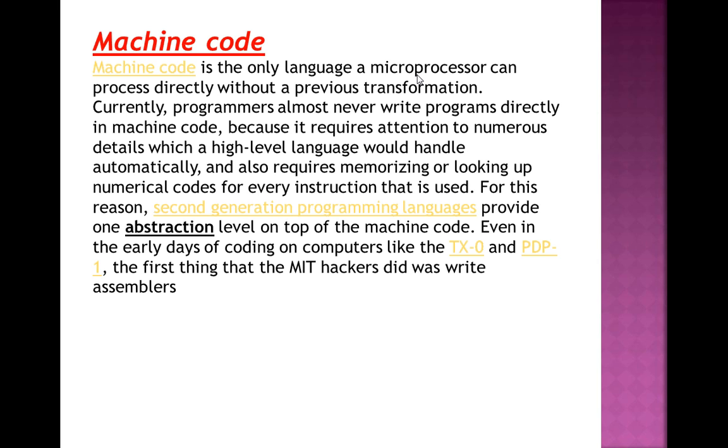So translate that code by using the compiler or interpreter, or if we are using assembly language, then use an assembler for translating the assembly language program into the machine level language program.